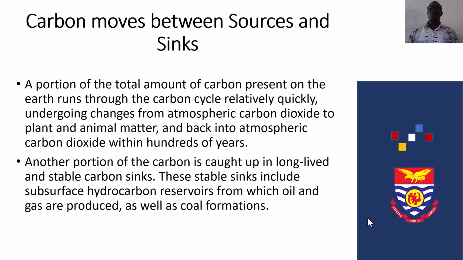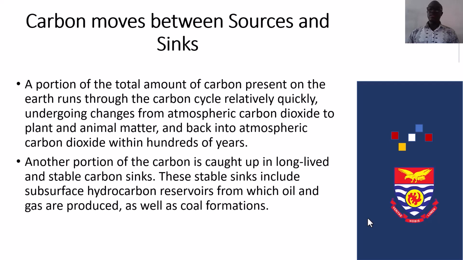A portion of the total amount of carbon present on the Earth runs through the carbon cycle relatively quickly, undergoing changes from atmospheric carbon dioxide to plant and animal matter and back into atmospheric carbon dioxide within hundreds of years. Another portion of the carbon is caught up in long-lived and stable carbon sinks.